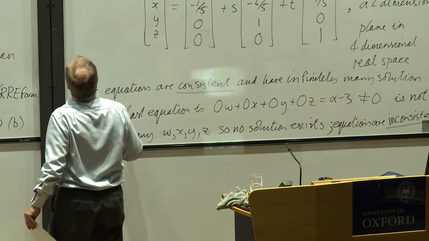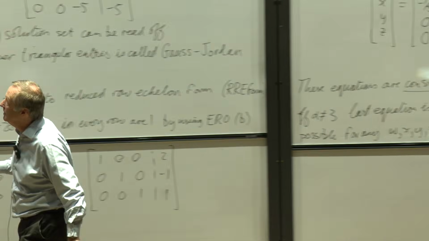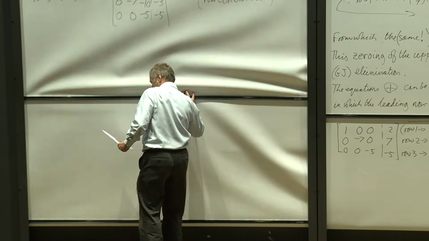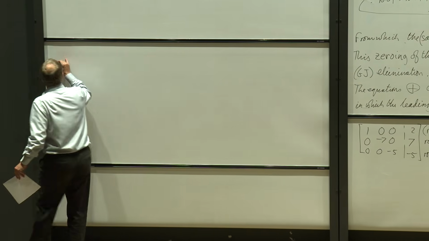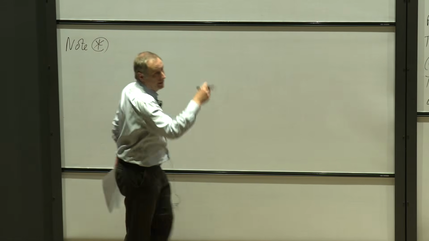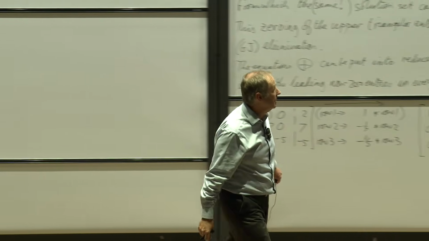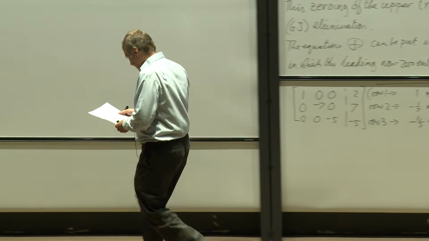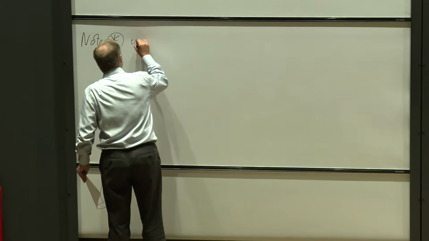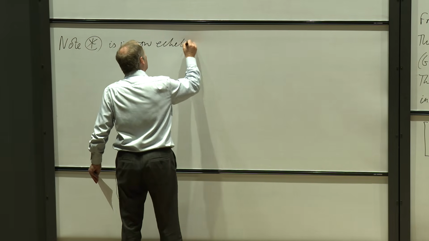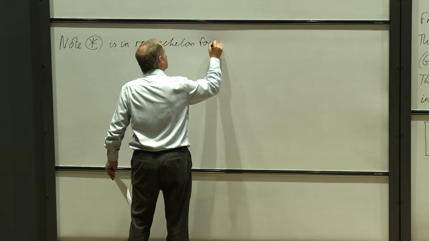I'm now going to make some notes. It is the same example, but I do want to observe my rule a little bit here. So note that star, there's still only one star on the board, and that's that equation over there, so that must be star. Okay, so star is in row echelon form.